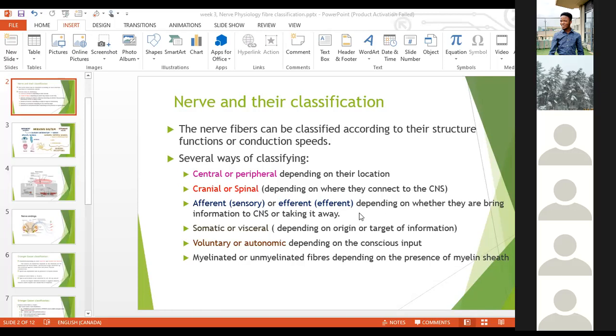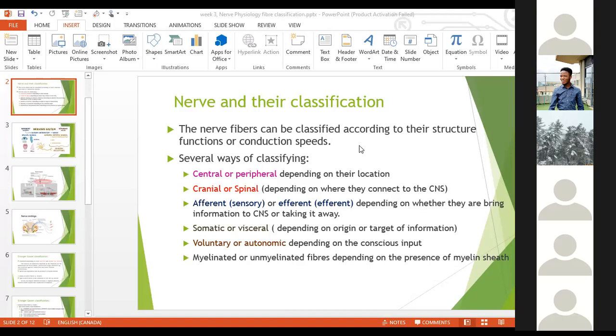Exactly. So which type is missing? Who can remember the type that is found in Erlanger-Gasser, missing in Lloyd's? Let's give somebody else a chance. Samuel.